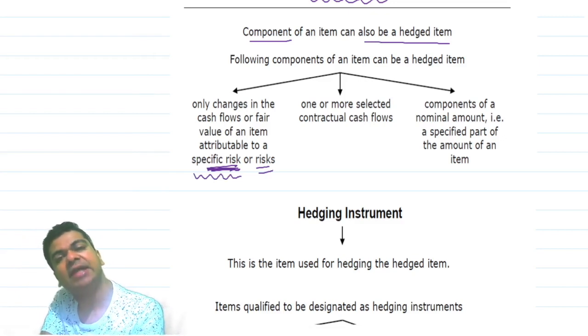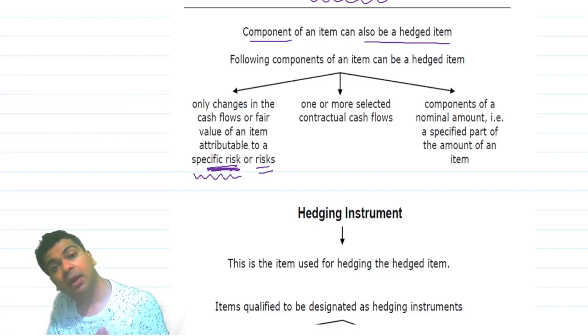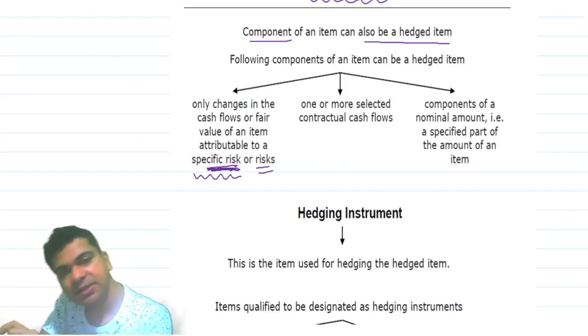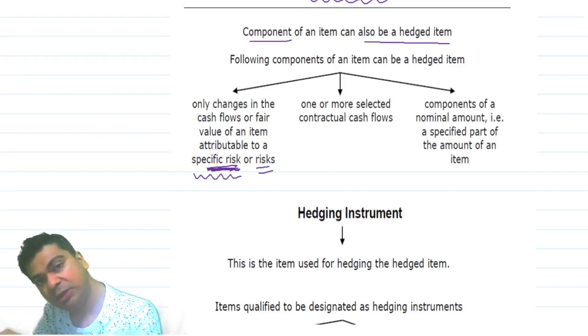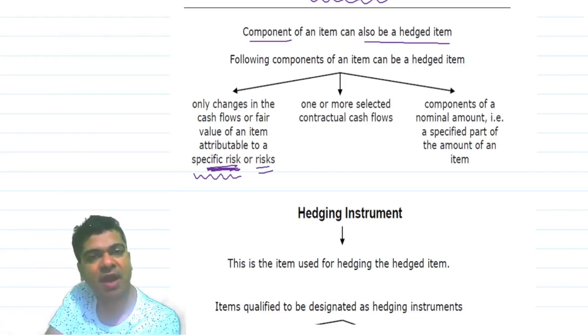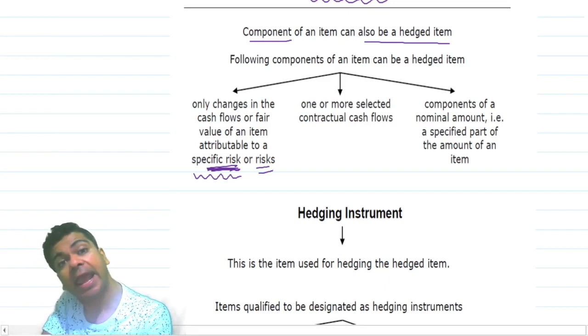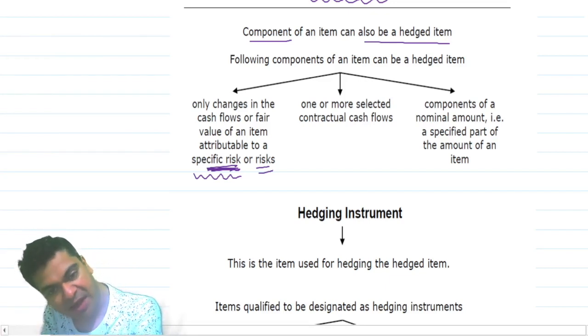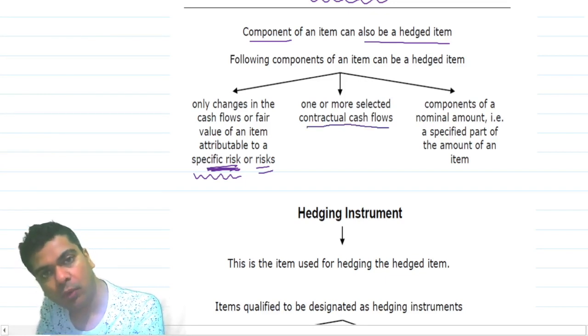So instead of considering that the entire item is a hedged item, I will say that this item is a hedged item only to the extent of fluctuations in the fair value which are caused by a particular risk. Similarly, they are saying one or more selected contractual cash flow.